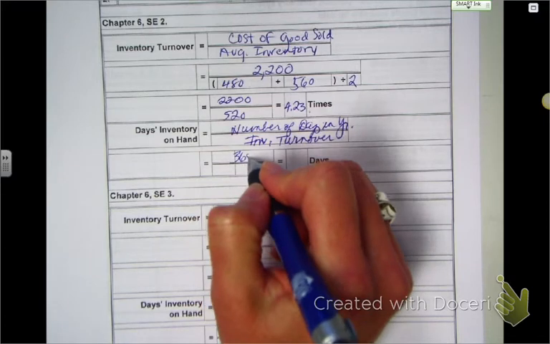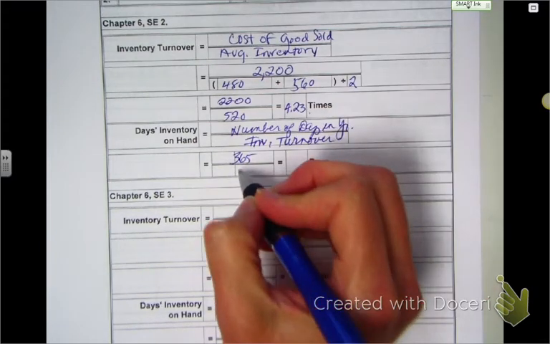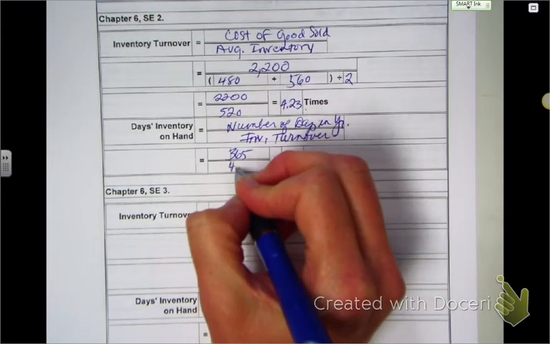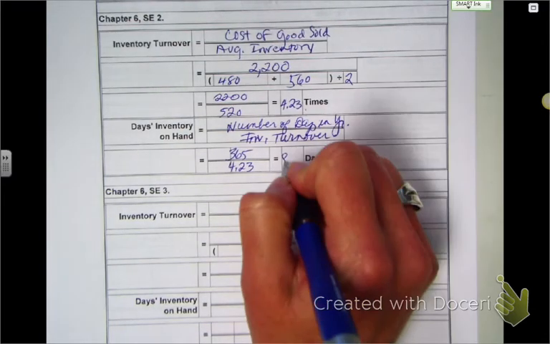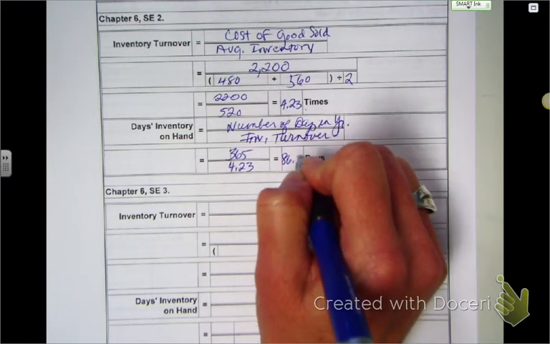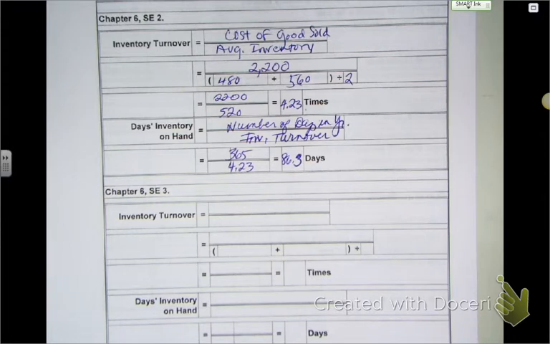And some businesses, they'll tell you in their financial statements that they count 360 days in their year. Okay? Or some, they'll tell you if they do anything different. 365, divided by my 4.23 times, and that tells me how many days I have my inventory on hand. 86.3. Okay, I calculated 86.9, but okay, 86.3. Okay, 86.3 days. Does that make sense?